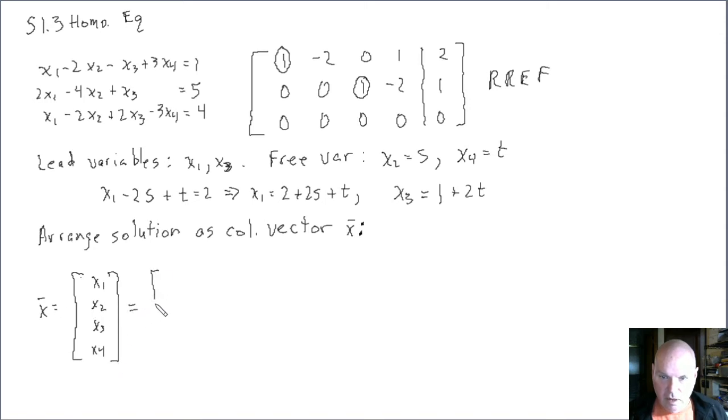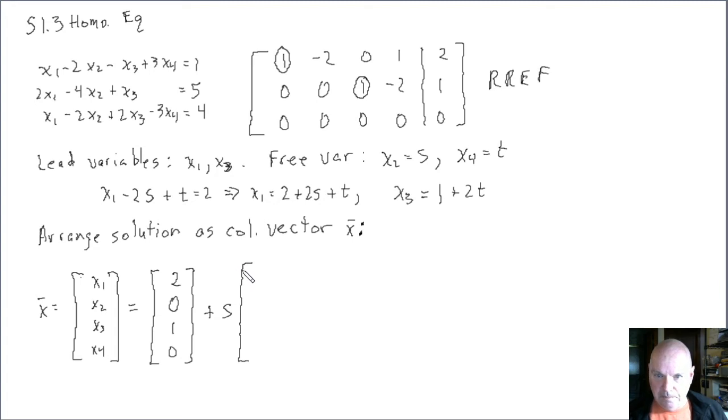Okay, and then I can write that as, so I've got the constant terms for x1, x2 is a free variable, x3 has a constant term, and then x4 is a free variable, so there's no constant term. And then I've got another part of each solution that's multiplied by s.